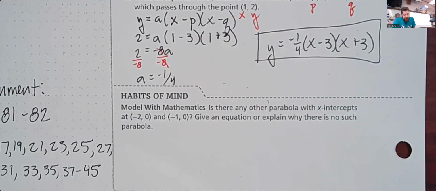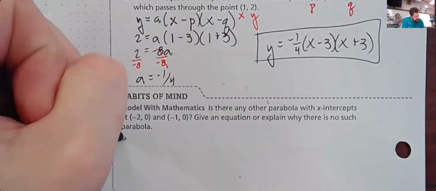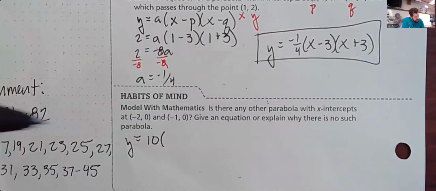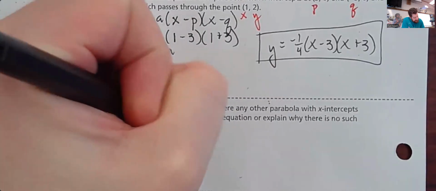Oh, okay, sorry, it's referring to one from your textbook that you did not see yet. So I'm going to write the original equation, and then I'm going to have you give me an answer to that real quick. So the function is y equals 10 times (x plus 2) times (x plus 1).